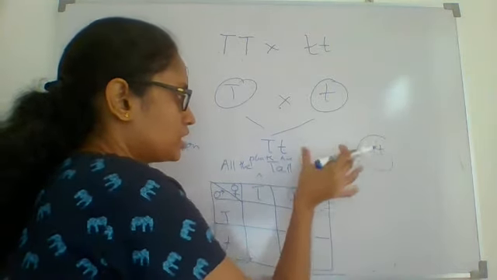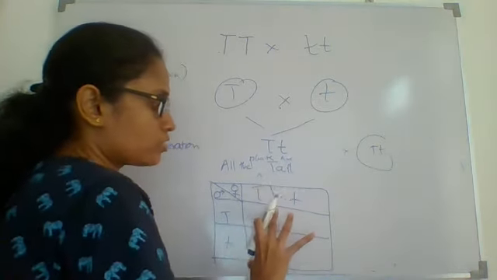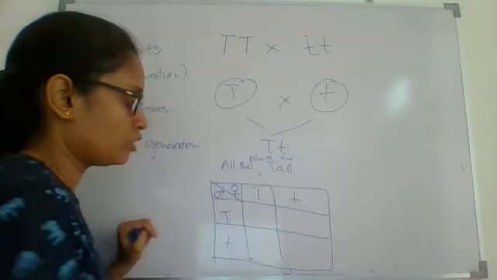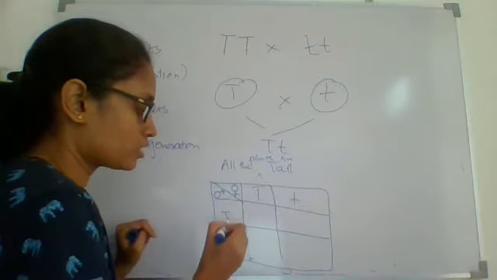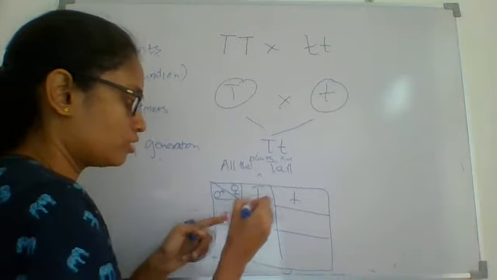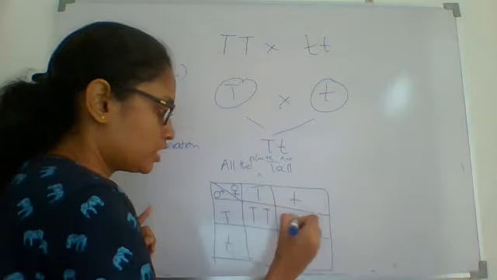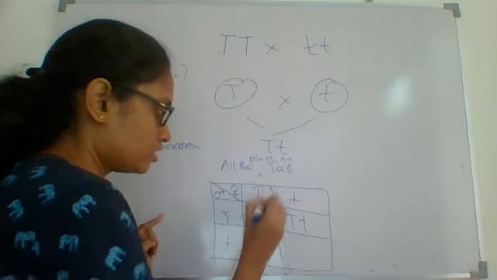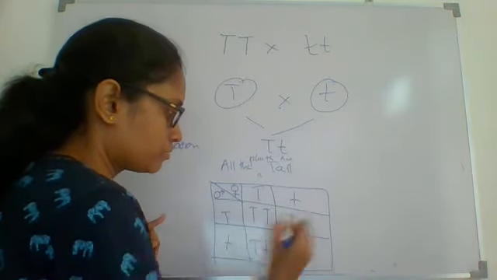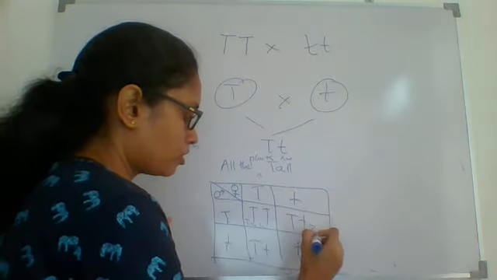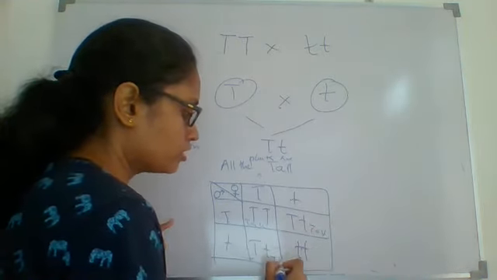So this thing is being transferred to a square. Then you can combine these two: TT, Tt, Tt, tt. So this is tall, tall, tall, short.